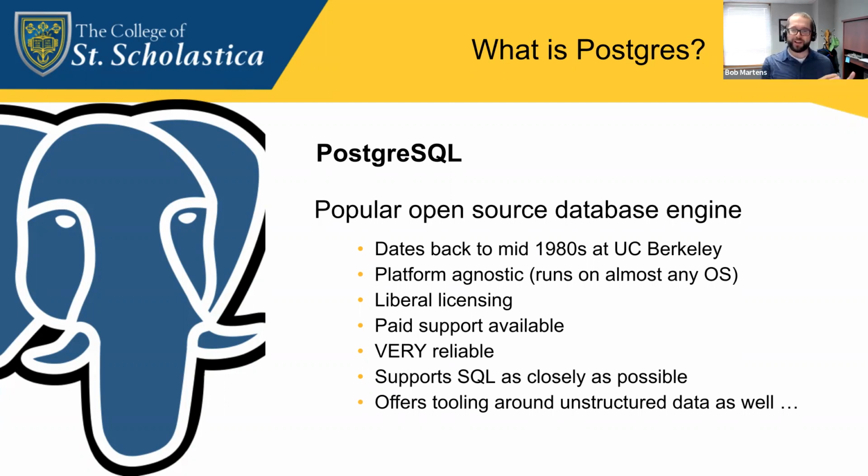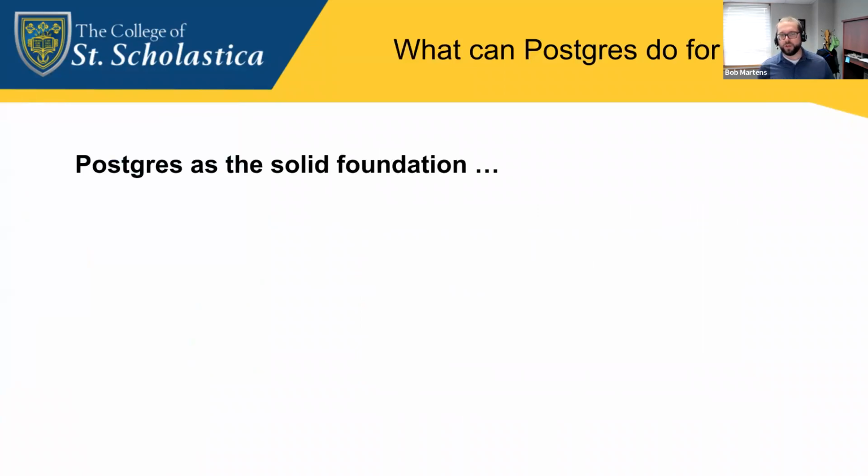But Postgres's liberal licensing allows us to not have to buy licenses for students to be able to use Postgres. So it's kind of a win-win that way. And if I would say so myself, I think Postgres is the superior database engine, but that's just my opinion. So the question is, what can Postgres do for you?